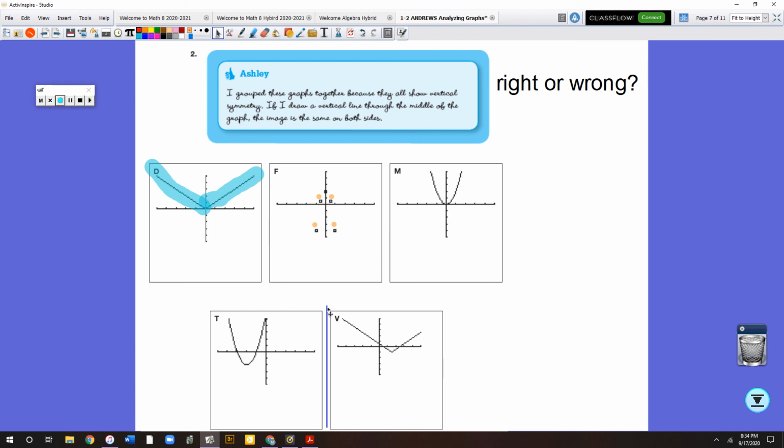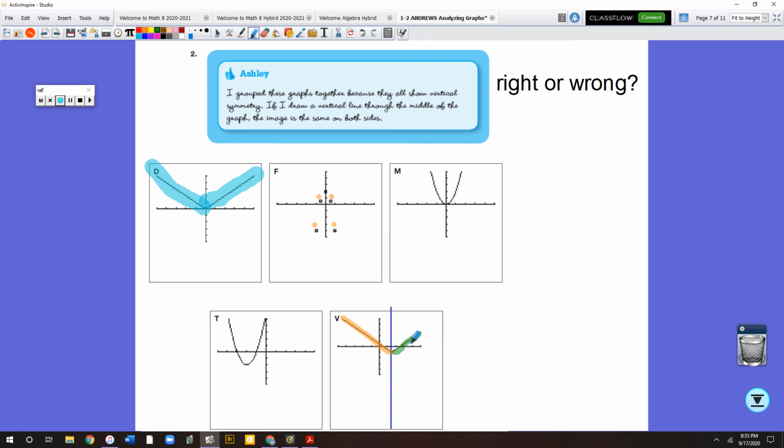In V, if I put the vertical line through the vertex, it doesn't look symmetrical because the left-hand side of the graph is longer than the right-hand side.